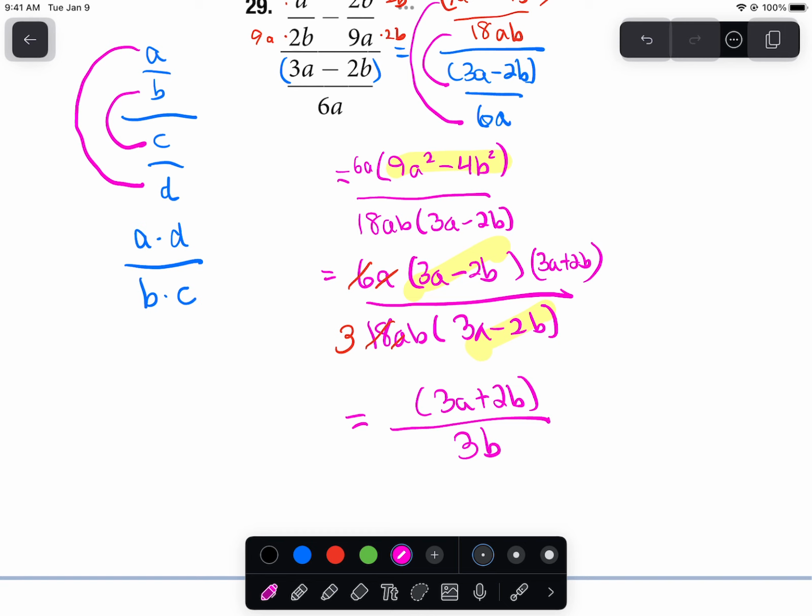Now don't try to cancel the 3's out. Nope. Don't try to cancel the b's out. Nope. The 3b is divided into both pieces. So if you wanted to write it under both pieces, that is acceptable, but nothing else is acceptable. Okay?